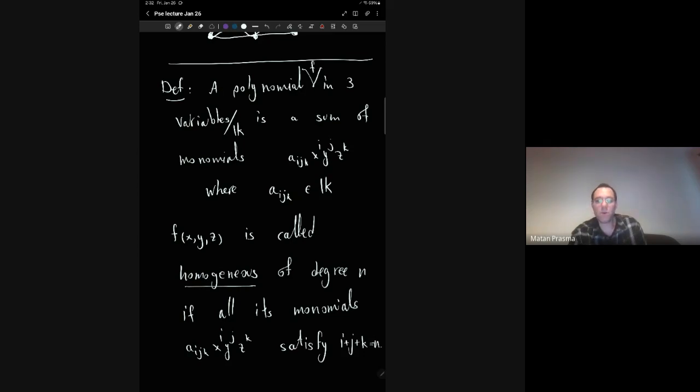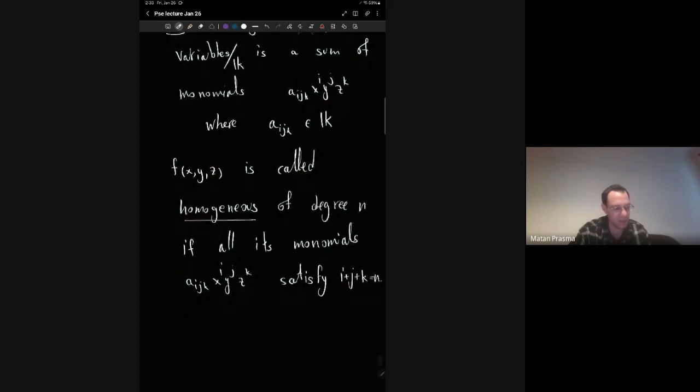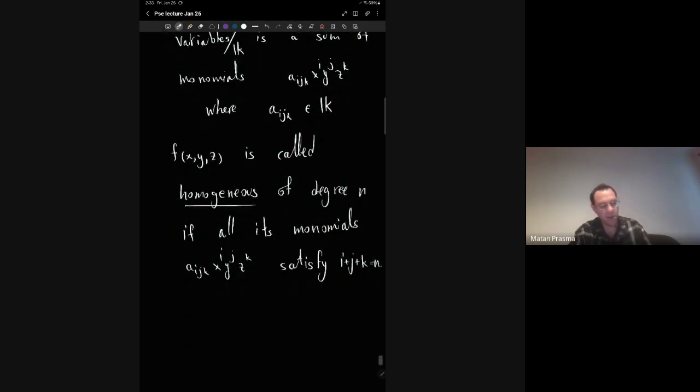So a homogeneous polynomial of some degree means that the sum of the exponents of x, y, and z in each of the monomials is some constant number n.